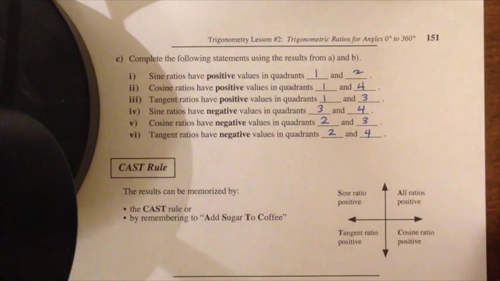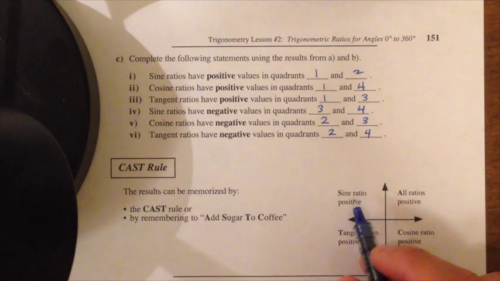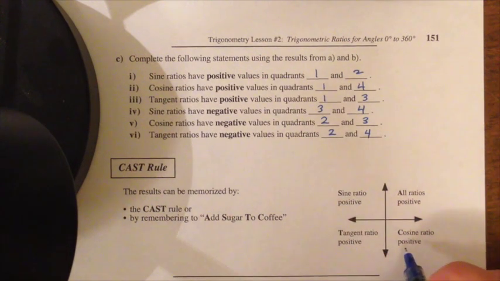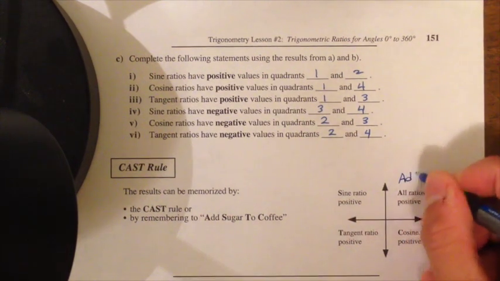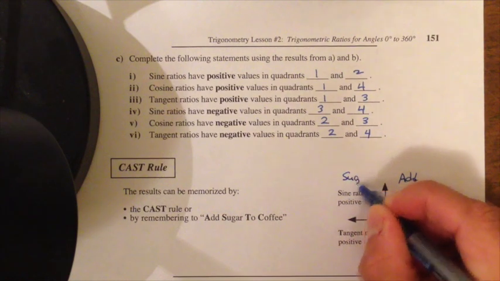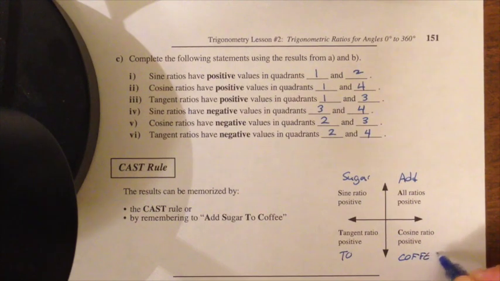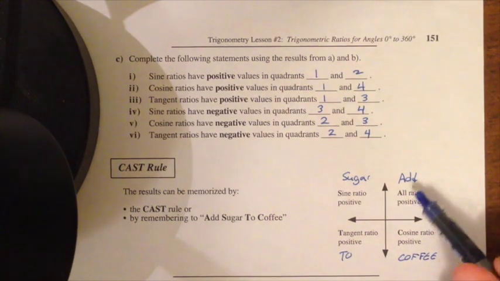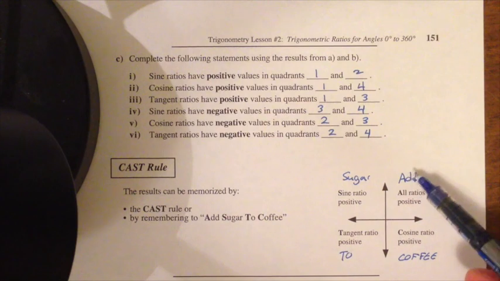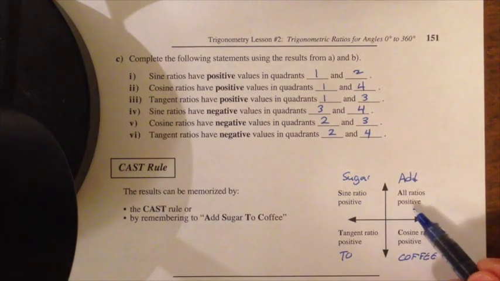So the way this works is that if we add sugar to coffee, that tells us that in the add, in quadrant 1, all ratios are going to be positive.